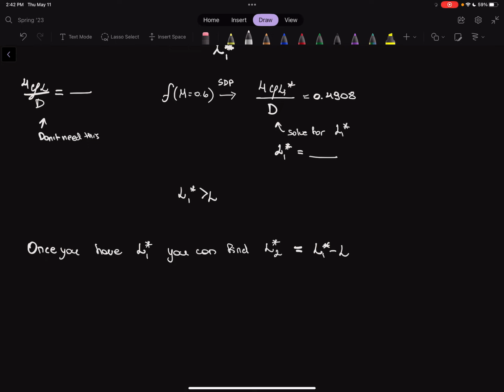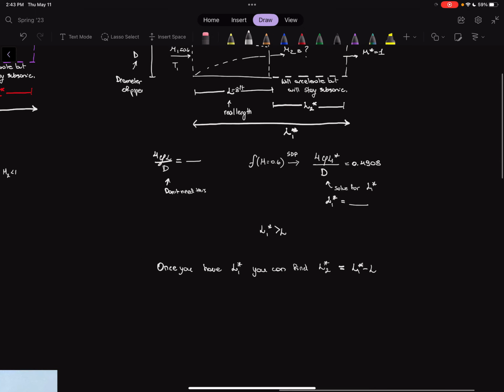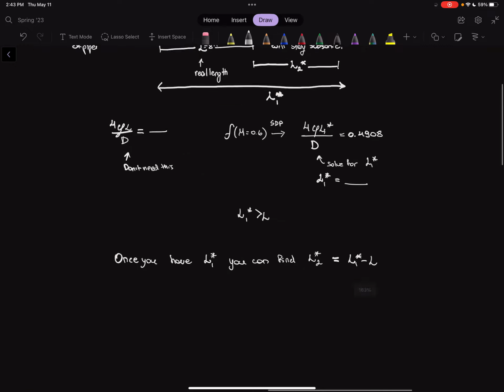So once you have L1 star, you can calculate L2 star. And once you have L2 star, you can calculate again CF L2 star over D.